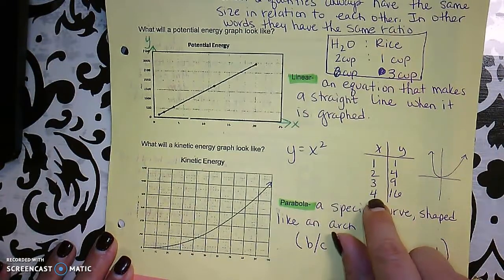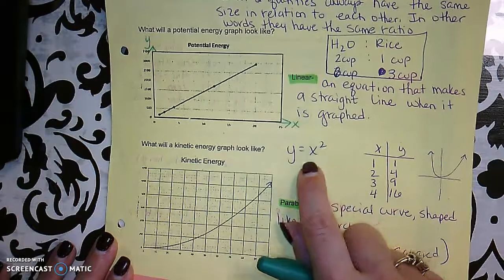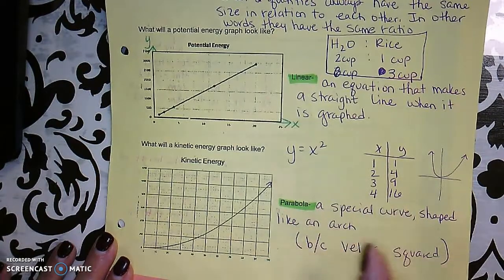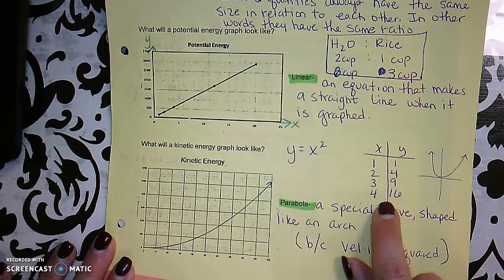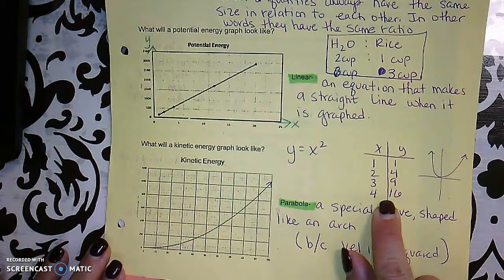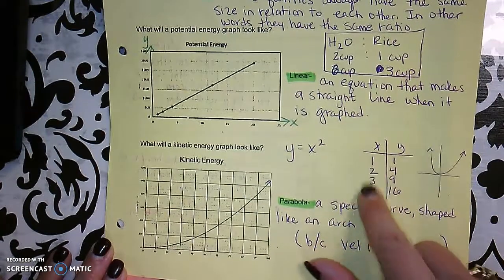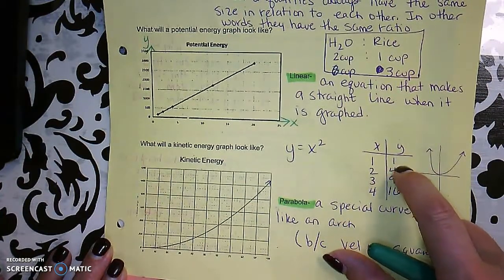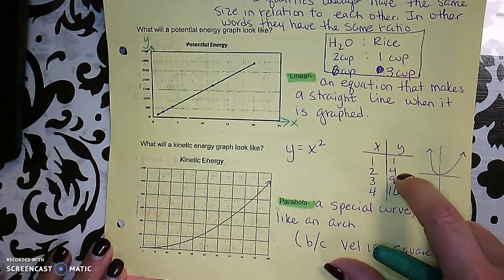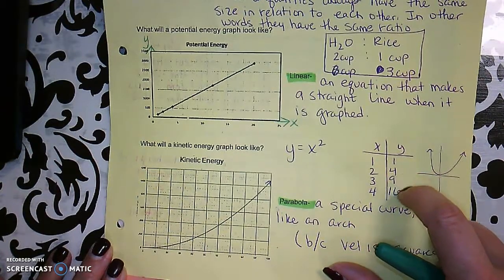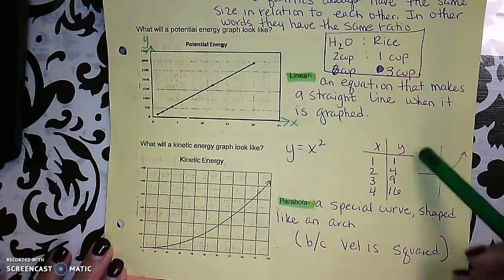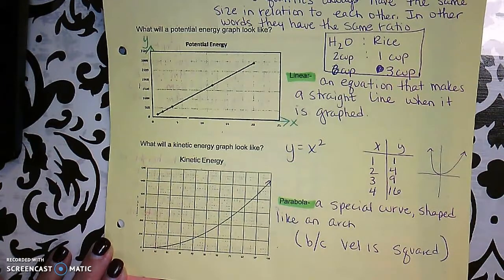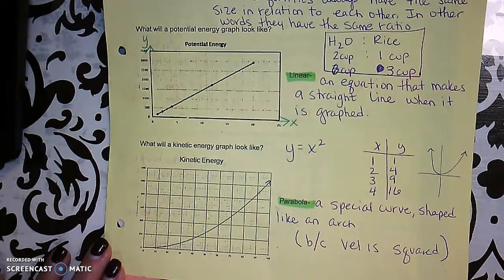If we were to put 4 in for x, 4 squared is 16. And that is not going to increase at the same rate. These are increasing by 1s, and these are increasing by different quantities, by 3, by 5, and then by 7 here. So that's what gives us that curved parabola shape. So this we would say is nonlinear, whereas this makes a straight line and it is linear.